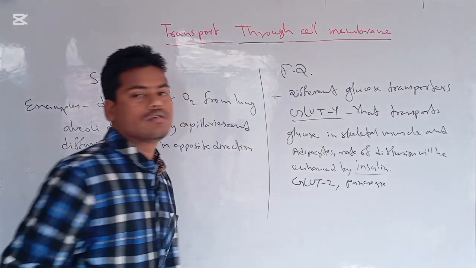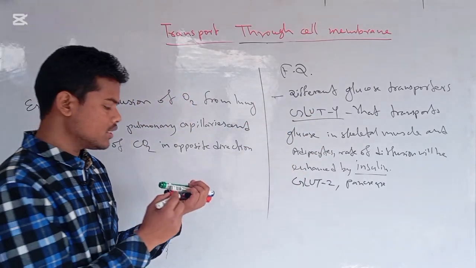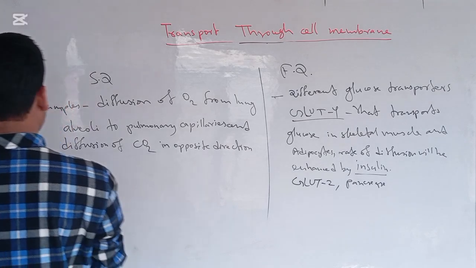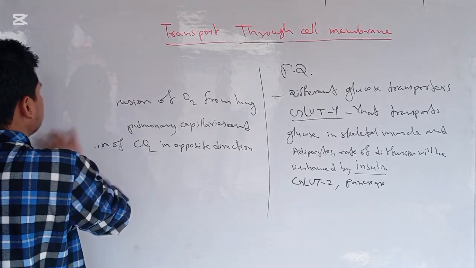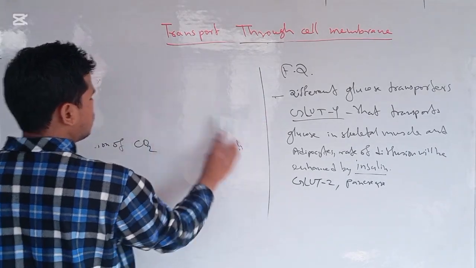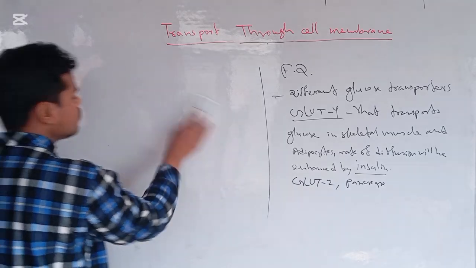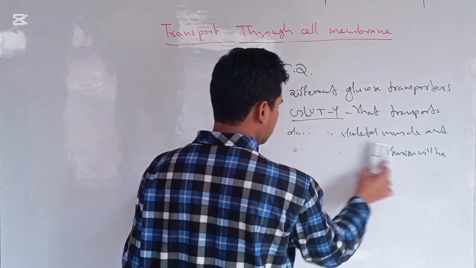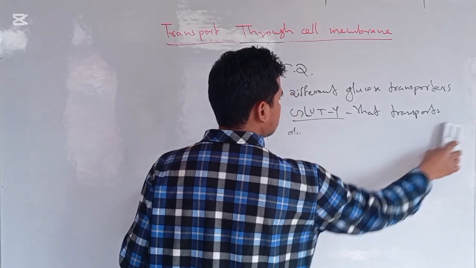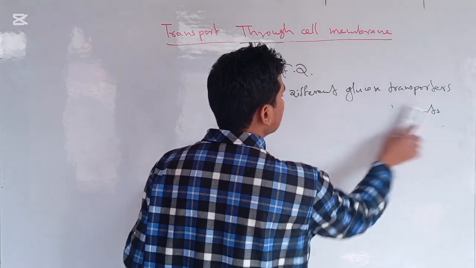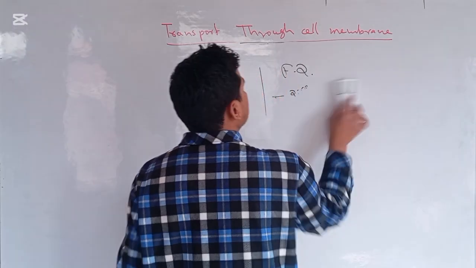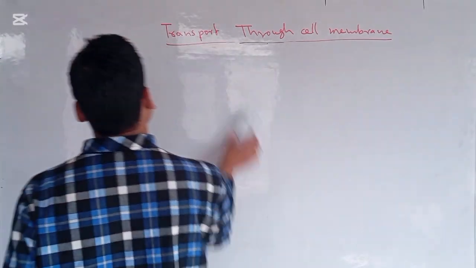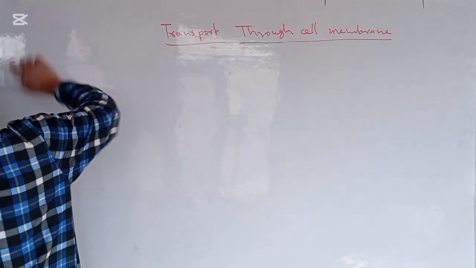So these are the examples of facilitated diffusion. Galactose and fructose will also be taken up by the GLUT transporter, and all of that is part of facilitated diffusion.